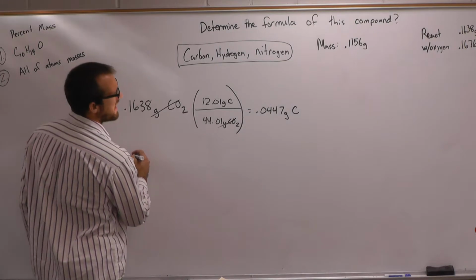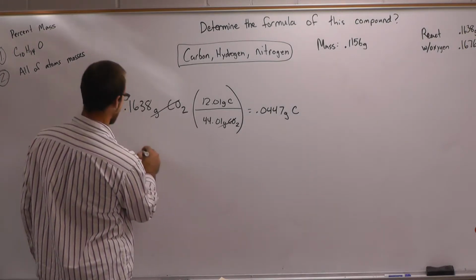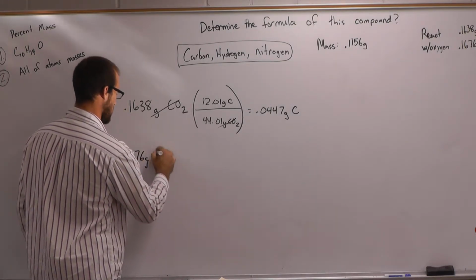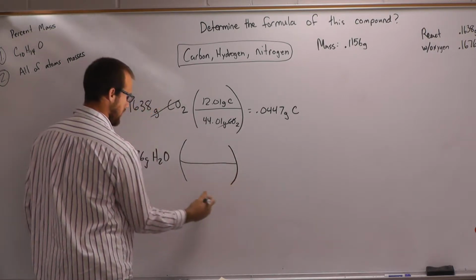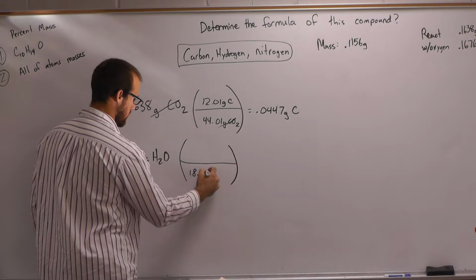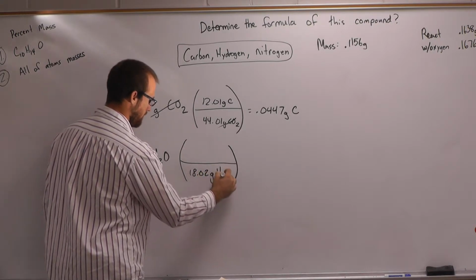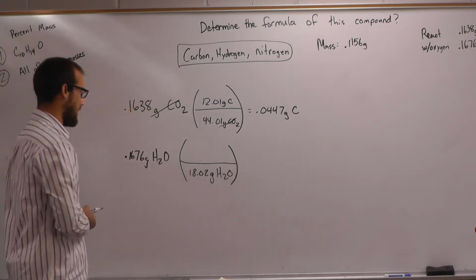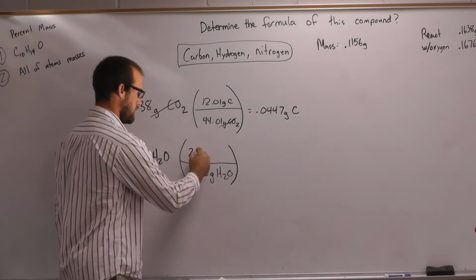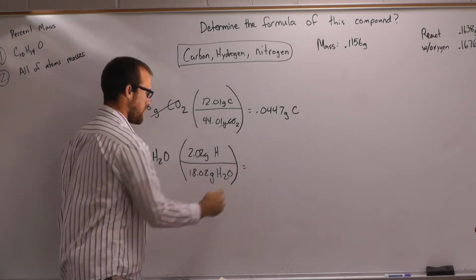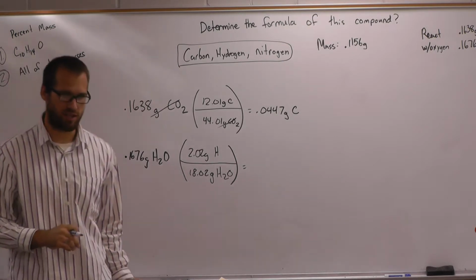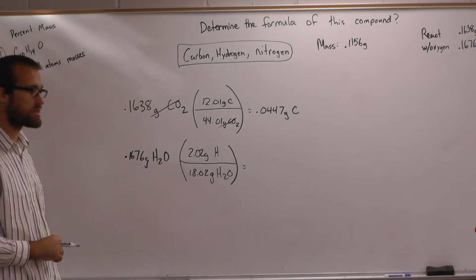So what do we got? 1.676 grams of H2O. Same idea here. We know it's 18.02, correct? Yeah. And hydrogen would be, and we can figure out how much hydrogen we got from our original sample.